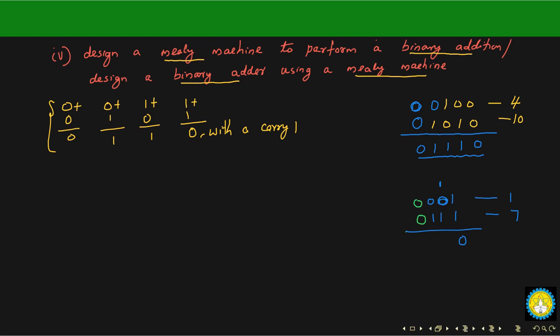So your output should be 0 again with a carry 1. Now again, 0, 1 is not going to generate 1. Instead, you also have to consider the carry 1. So even though the inputs are 0 and 1, along with the carry you are expected to get a 0 here. And now you have a carry 1 again here.